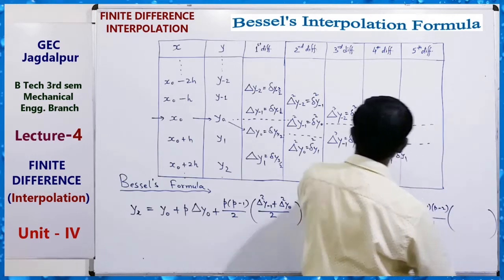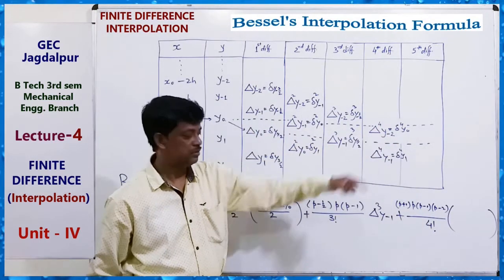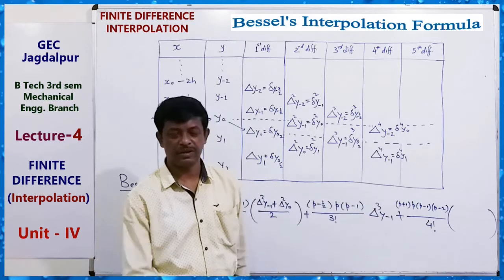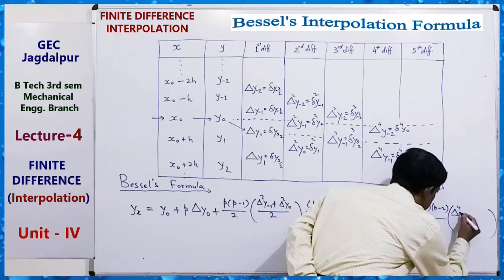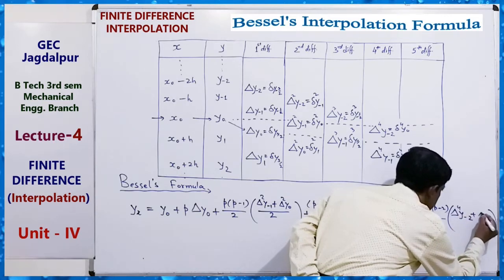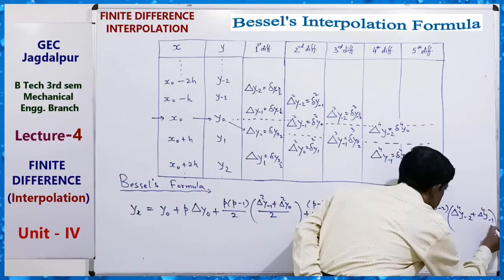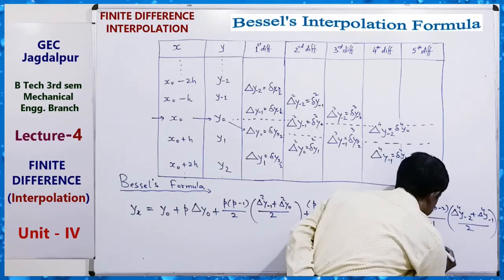Here, just the average of these two. Index minus 1, so minus 1 and minus 2. Minus 1 and minus 2. So del 4y minus 2 plus del 4y minus 1 by 2, and plus and so on.